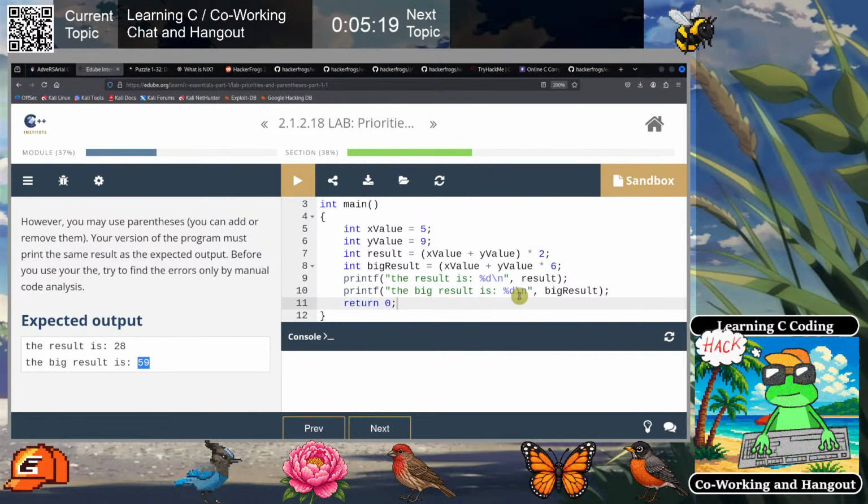What is the value? 9 times 6 is 54, and then we add 5. Oh, no, that's it. Okay, so we need to put our parentheses here. So y value is 9 times 6, 54, plus 5 is 59. So we run this, and then we get the correct result.